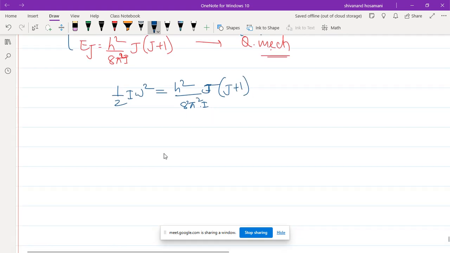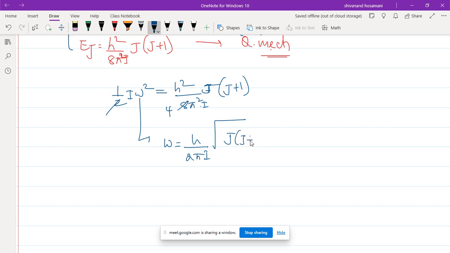Omega can be written as the square root, so I gets multiplied, and what remains is omega square equals h square divided by 4 pi square I square times J into J plus 1. Taking the root, omega is h divided by 2 pi I into root over J into J plus 1. Is that clear? So this is defined as the angular frequency of the rotational spectrum.